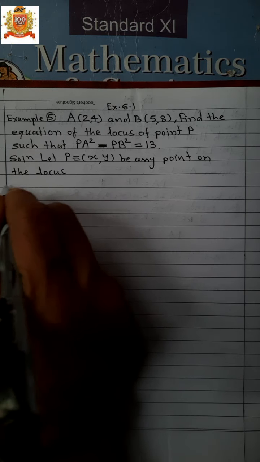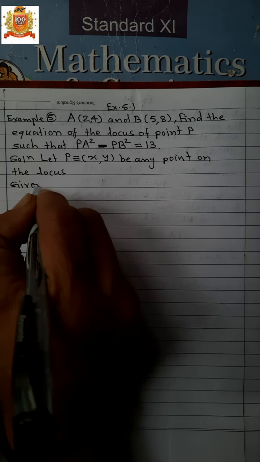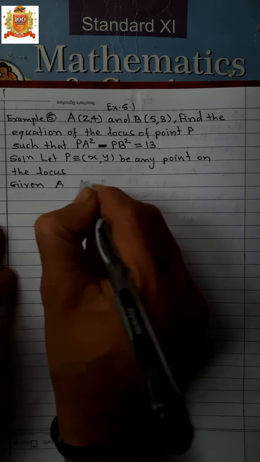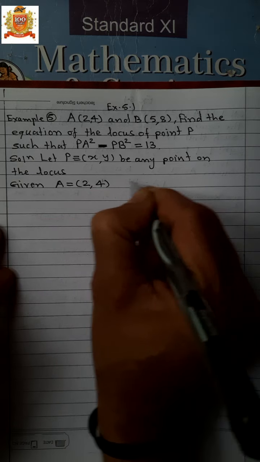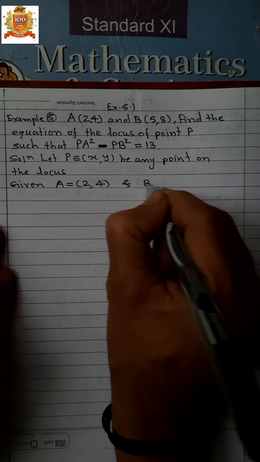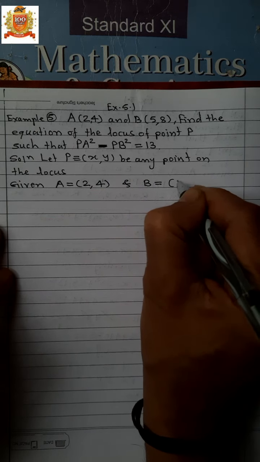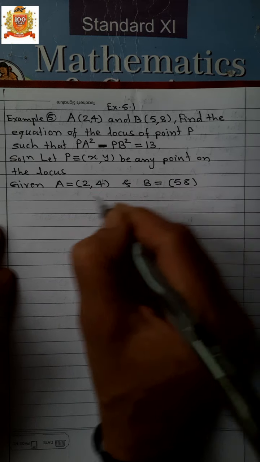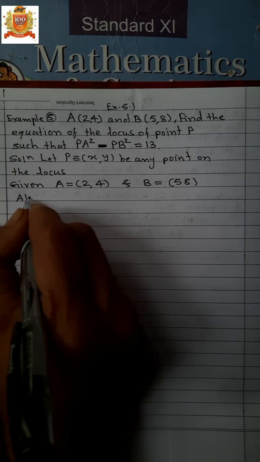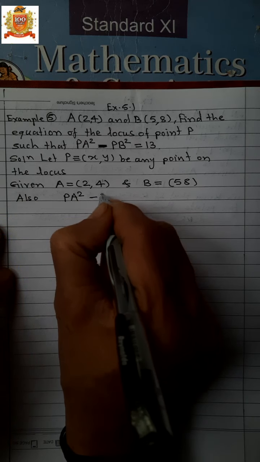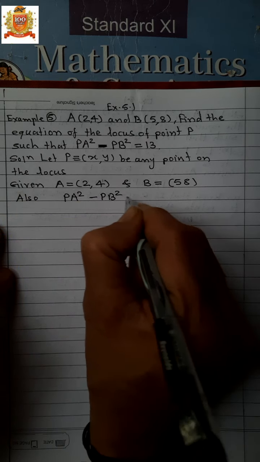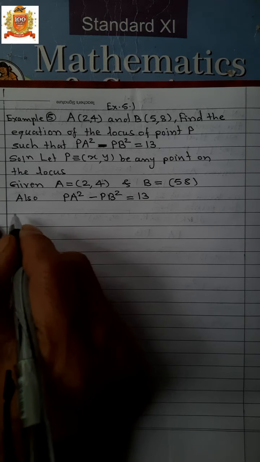Given A is equal to (2, 4) and B is equal to (5, 8). Also, PA square minus PB square is equal to 13.